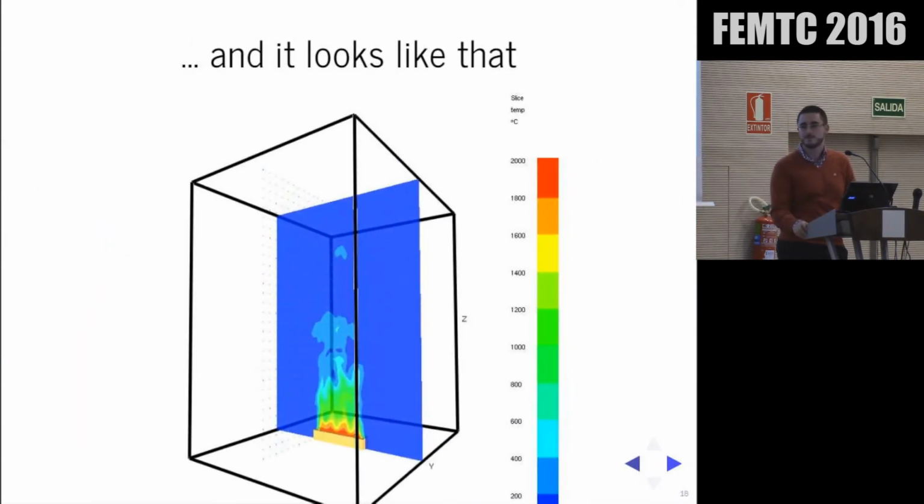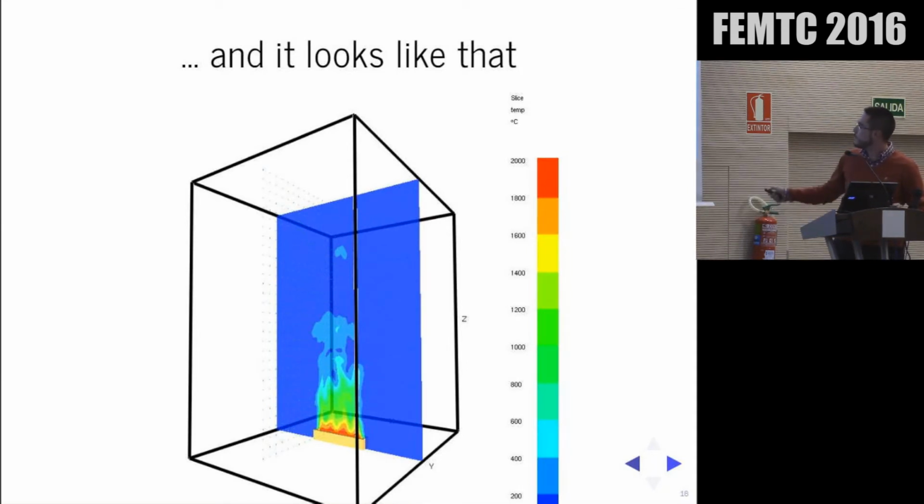And it looks like that. Like we saw before, you can see that there is a hot region, which represents what the flame should be. The hottest temperatures you can find there. That's the adiabatic temperature, the injection temperature of the gases in the system.